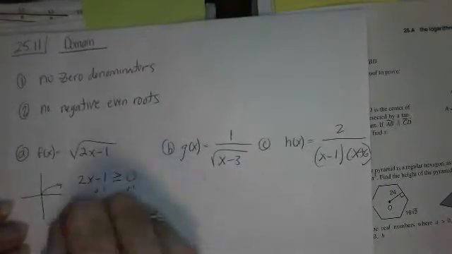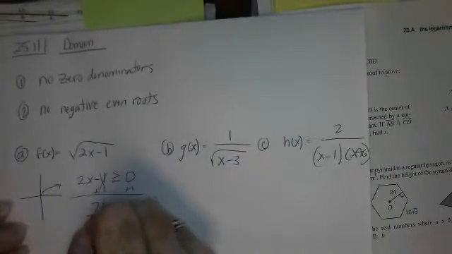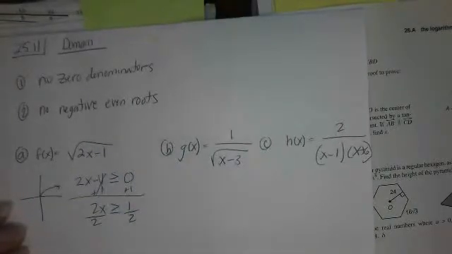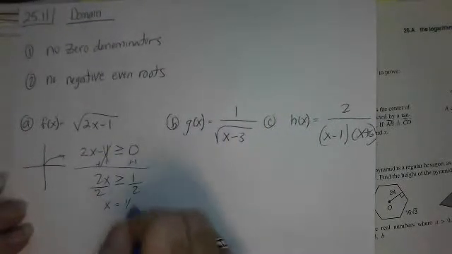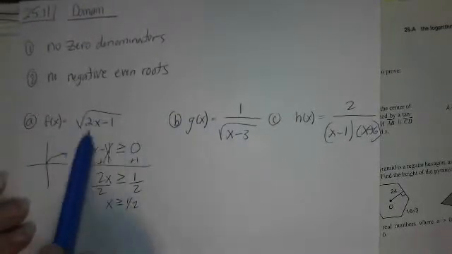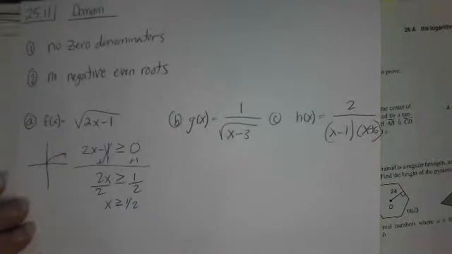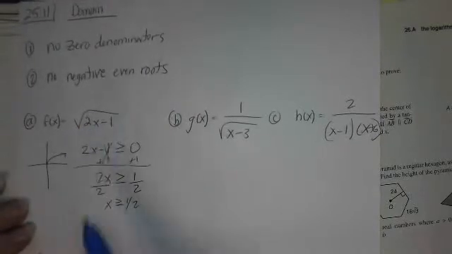Add 1, add 1. Looks like x is going to equal a half. Well, x has to be greater than or equal to a half in order for this to have a positive radicand.